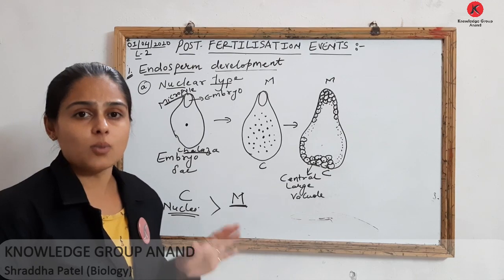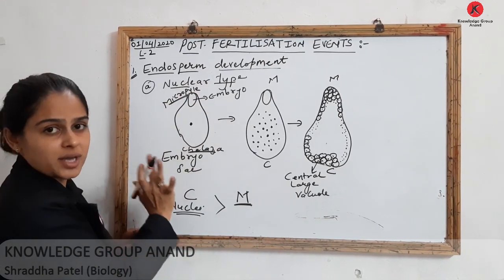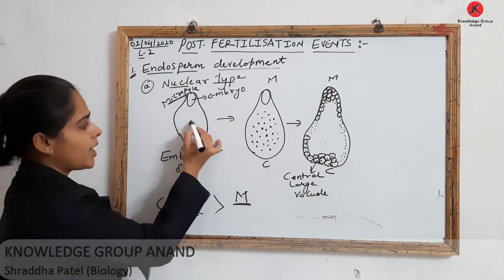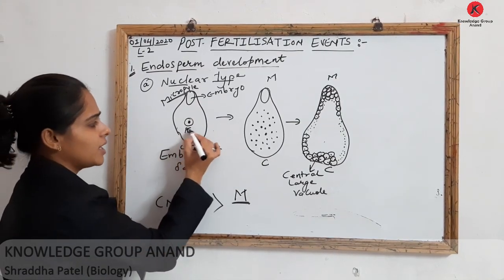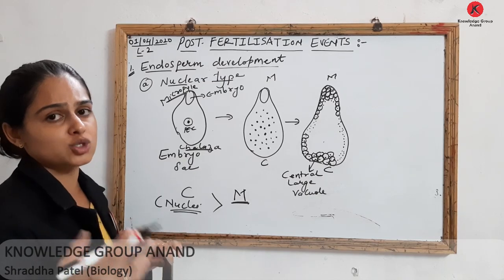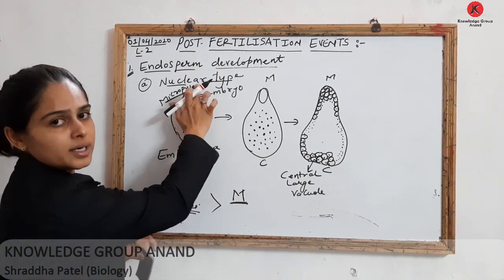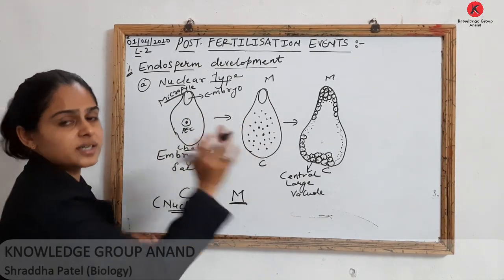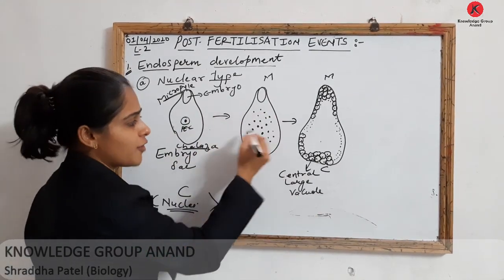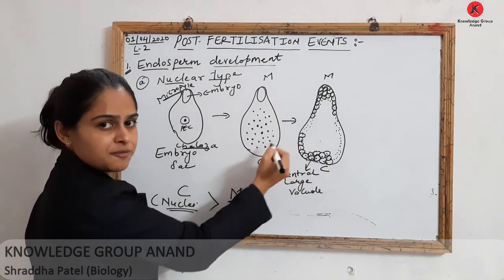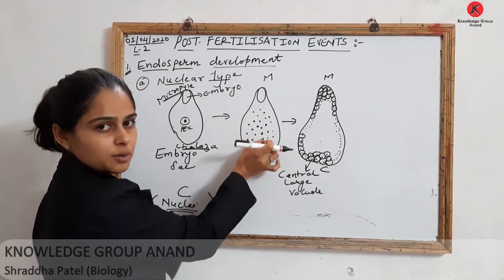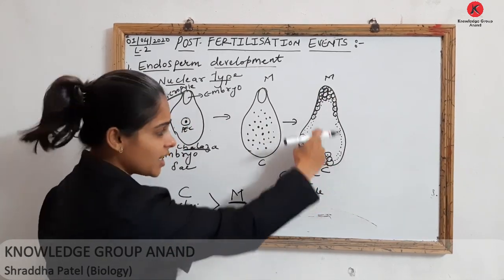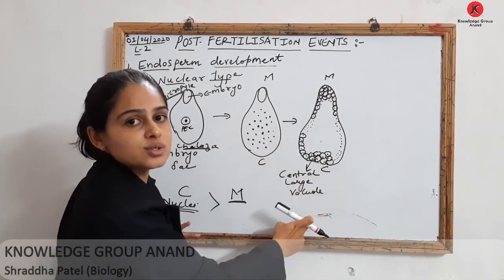Am I clear? Once again, what did I tell you? This is the embryo sac. This is micropylar region, this is chalazal region, this is embryo, and this is your primary endosperm cell or primary endosperm nucleus. In the nuclear type what happens? This undergoes karyokinesis, cell wall deposition does not happen, which results in formation of many free nuclei. These free nuclei move towards the periphery, as you can see over here, creating a central large vacuole.